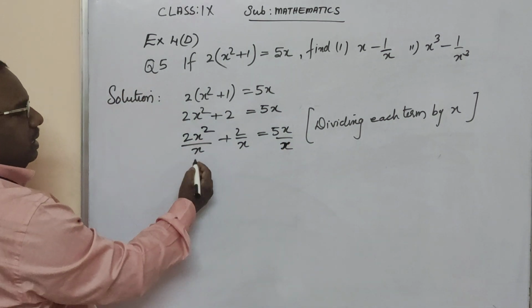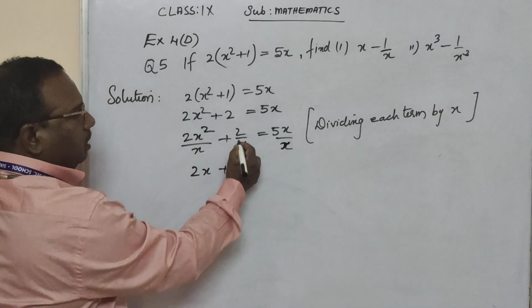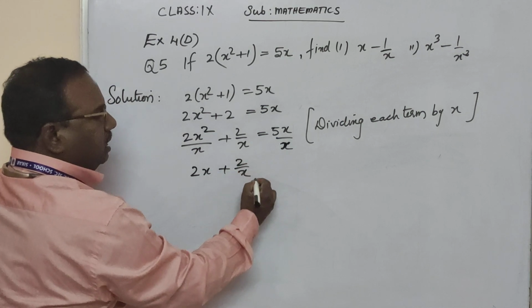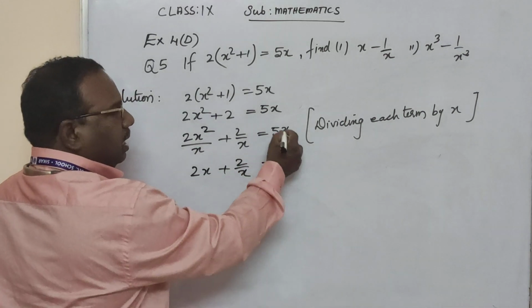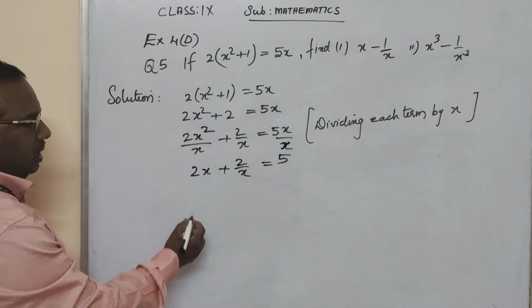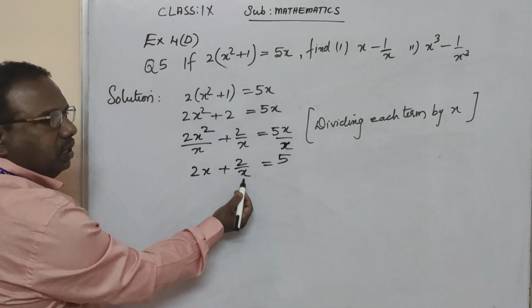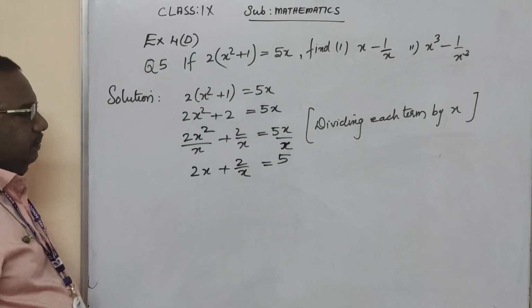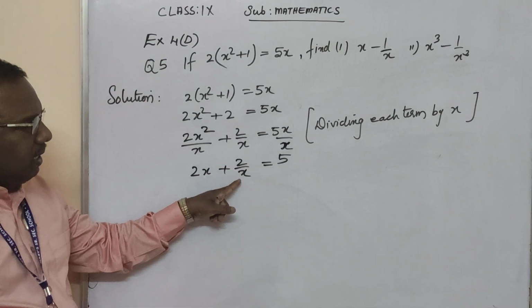Now 2x square by x is 2x. This is 2 by x as it is. Here we can cancel x and x, we get plus 5. Now you can see here, in these two terms, 2 is a common factor: 2x, 2 by x.